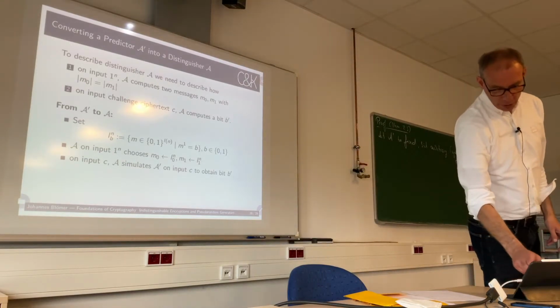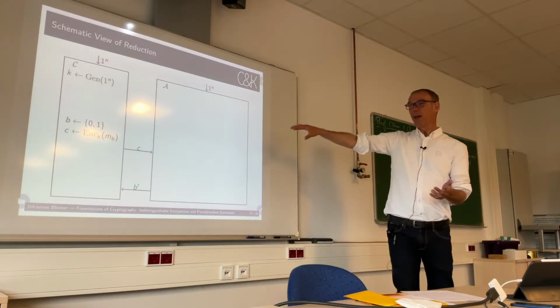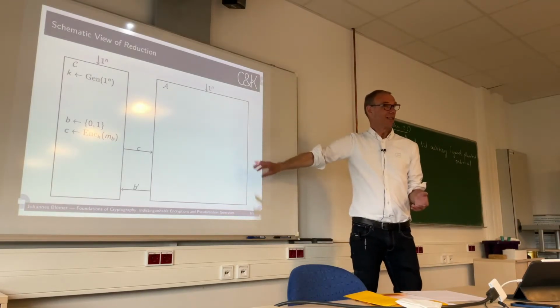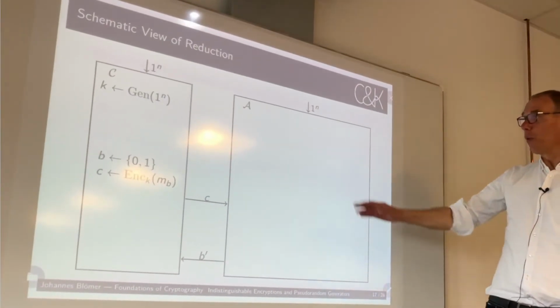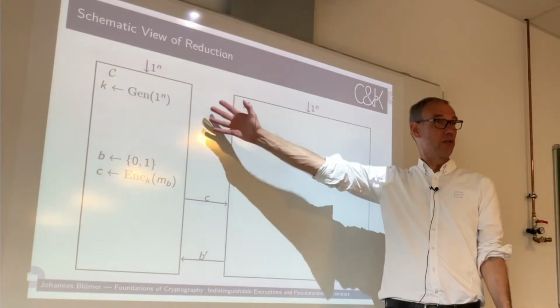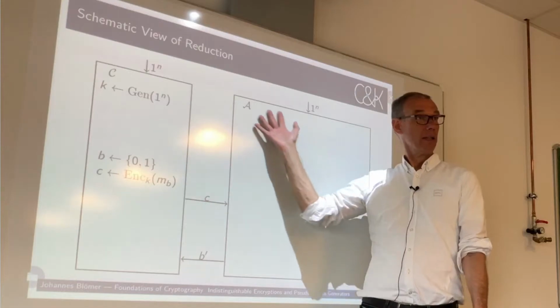And it's a nice way to visualize this, which is why I have this large box in here. So we want to describe our A in the eavesdropping game. This is the formalization of the eavesdropping game.